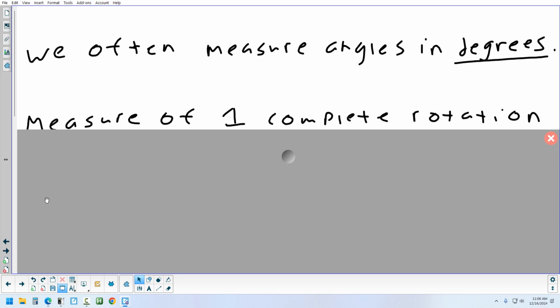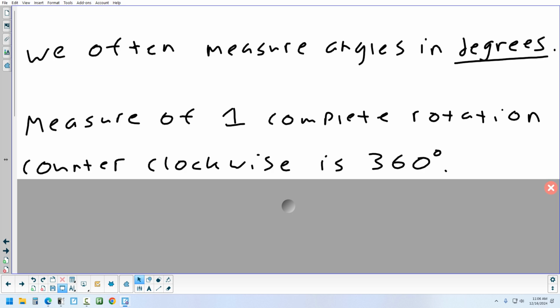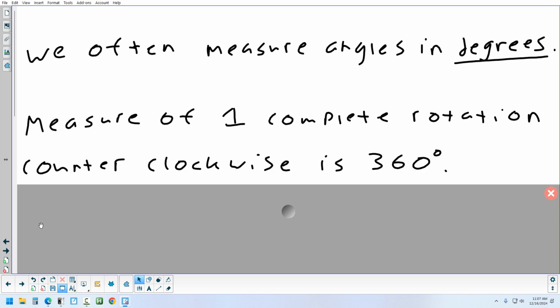How many degrees? 360. Now, yes, we are using 360 degrees to measure something, and we also use degrees to measure angles. This is different. We're measuring an amount of rotation. They both use the same unit, a degree. Whether you're in an angle, in a shape, or you're measuring movement on a circle.